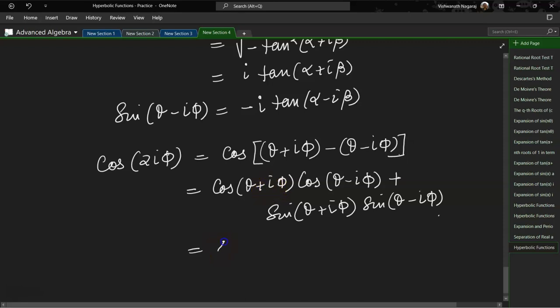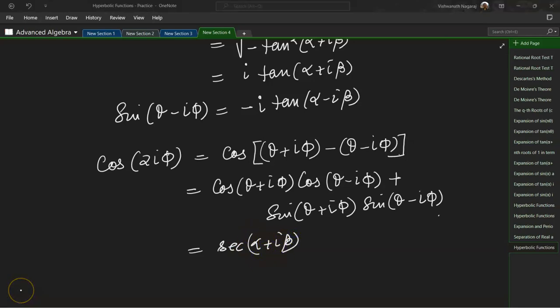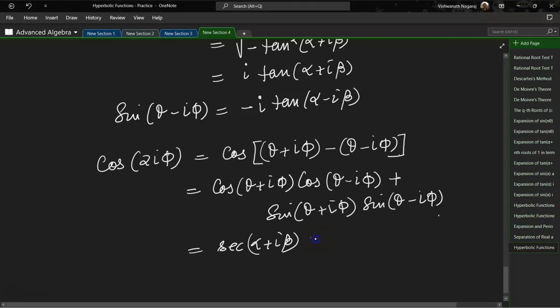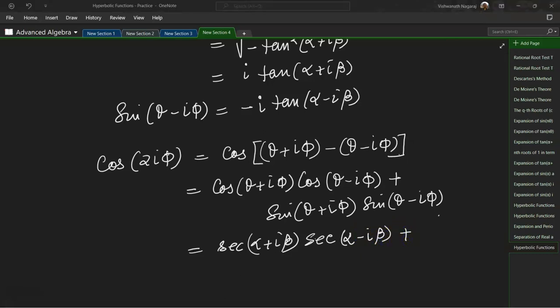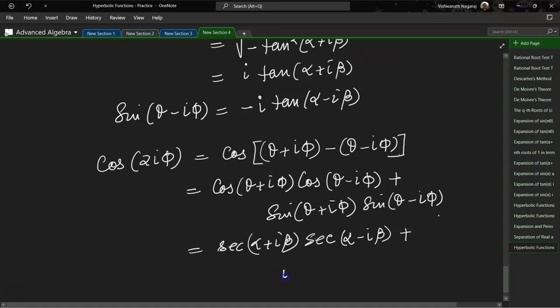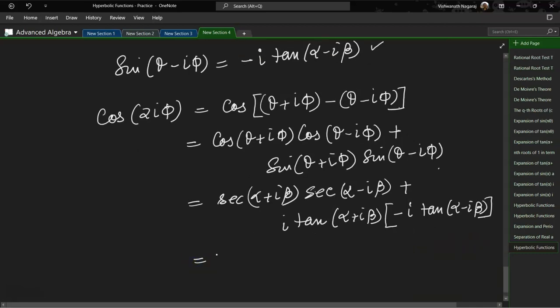That is sec of alpha plus I beta, and cos of theta minus I phi is sec of alpha minus I beta. Similarly, sine of theta plus I phi is what? I tan of alpha plus I beta. This one. And sine of theta minus I phi is equal to minus I tan of alpha minus I beta. Okay. Now what do we do?